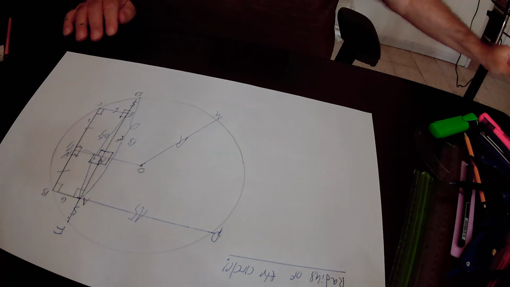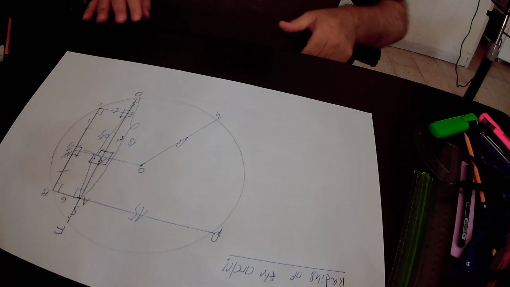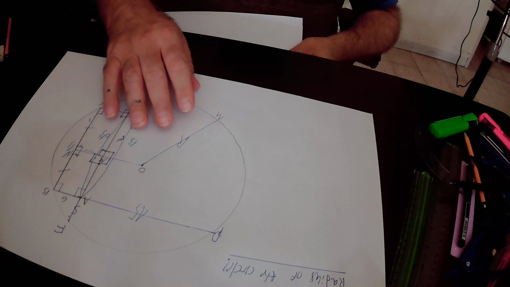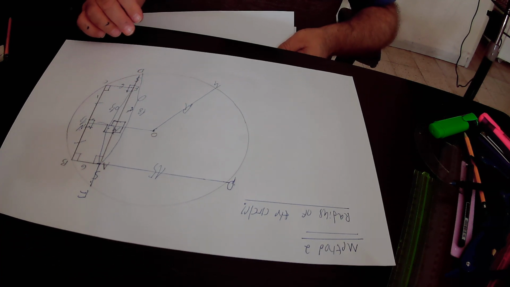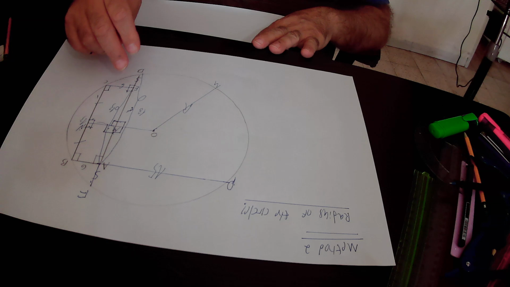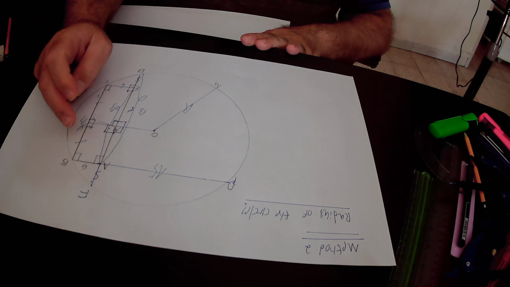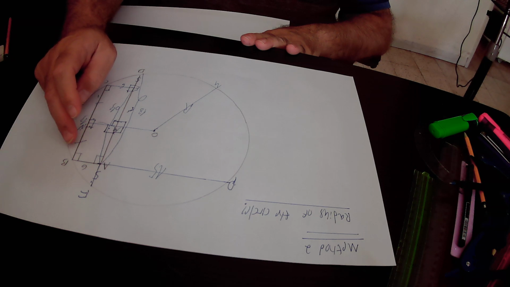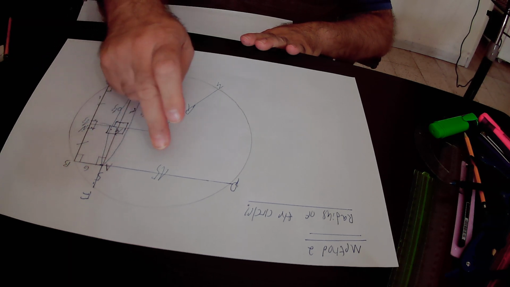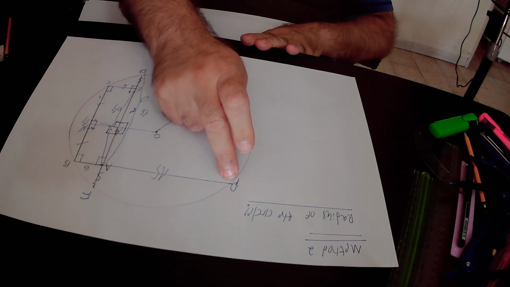We can implement the old rule in our drawing. Why? Because in our drawing we have chord F. We actually extended line segment BA until it touches the circle at point P.